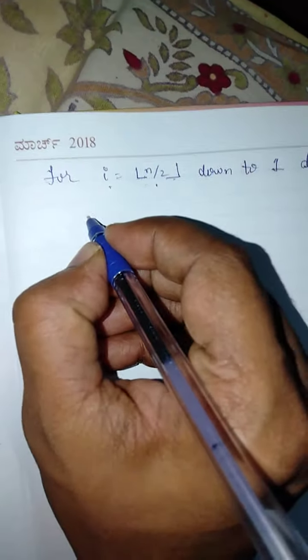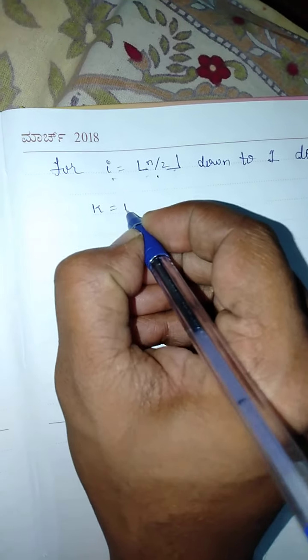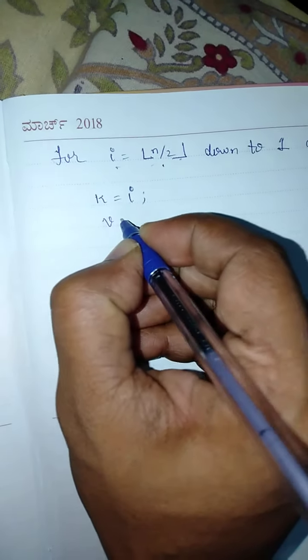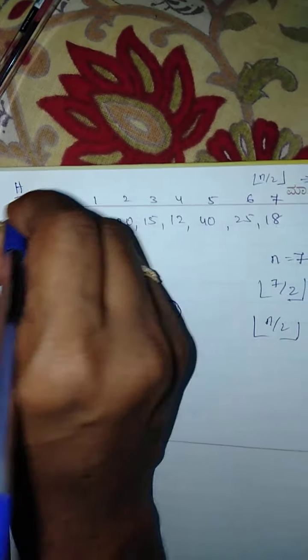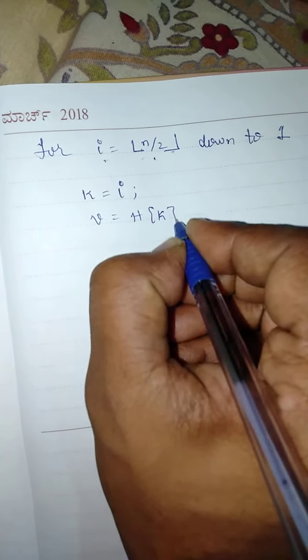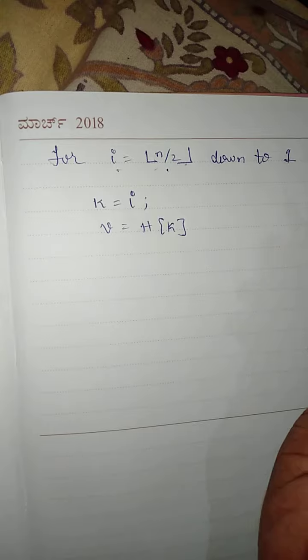So let us call this index that we have considered as the index k. Okay. So let k is equal to i, and let this element v be equal to h of k, considering the array to be h. Okay, array h. Therefore v is equal to h of k. What does it mean?